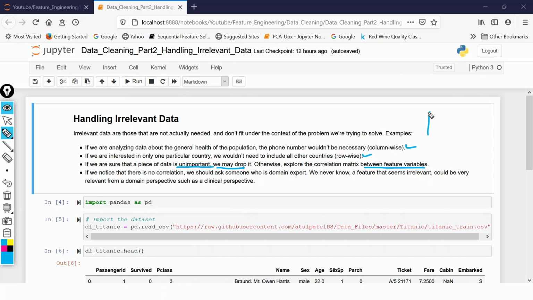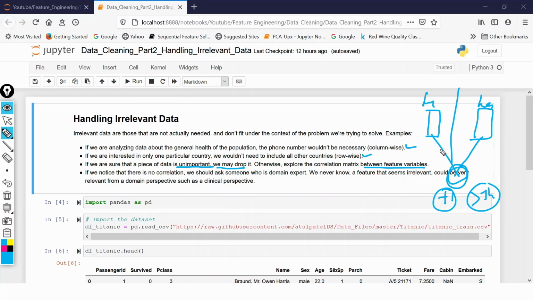It means this is your feature, this is your column, and this is your label. So what we will do, we will try to get a correlation between these two. If there is a positive correlation with a magnitude greater than our threshold value, then we will pick this column, and we will also discuss with the domain expert.